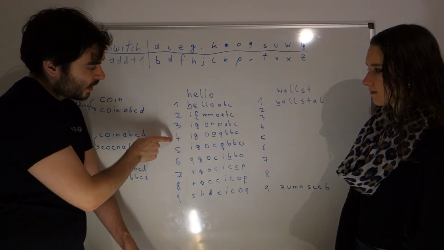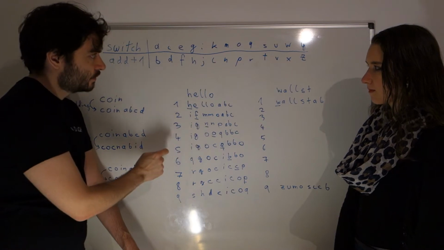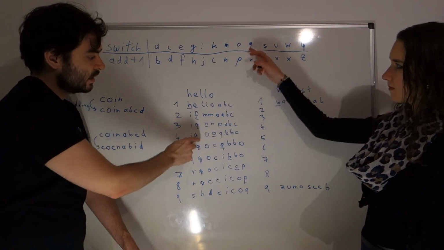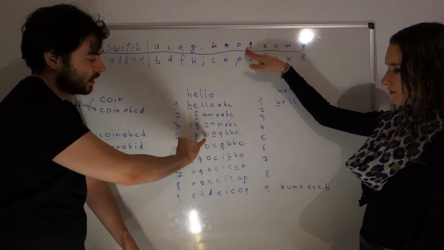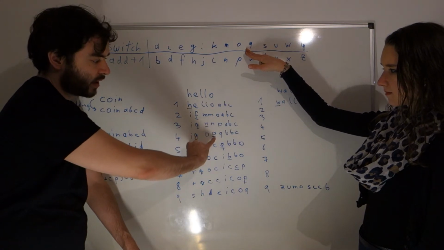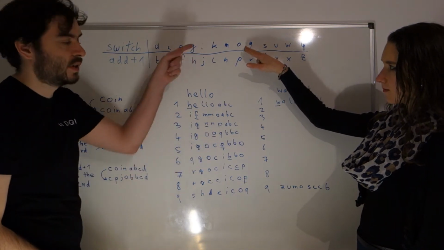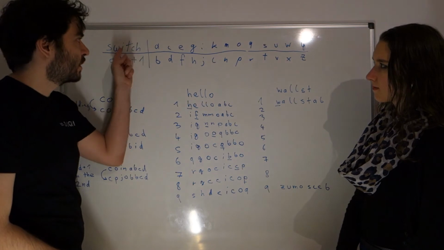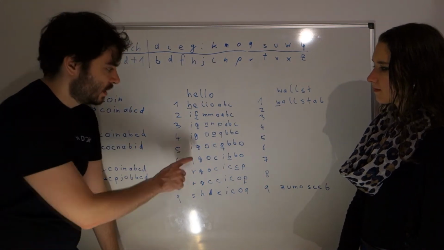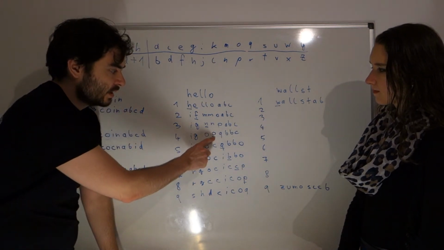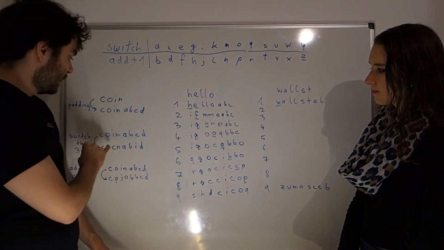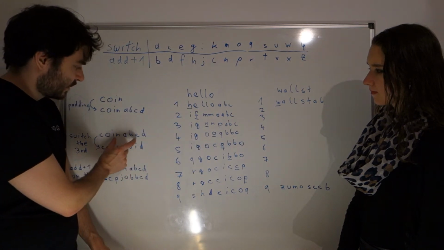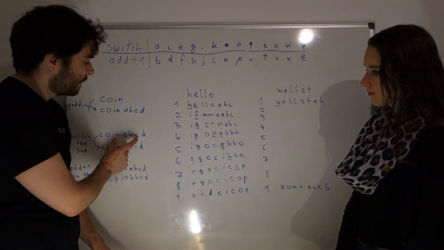Then we are in the 4th row, and the 4th character is an O, and it happens to be in the 1st row here. So now we're going to do the switch operation, right? And I said in the switch operation, I switch the character with the one that comes after that.